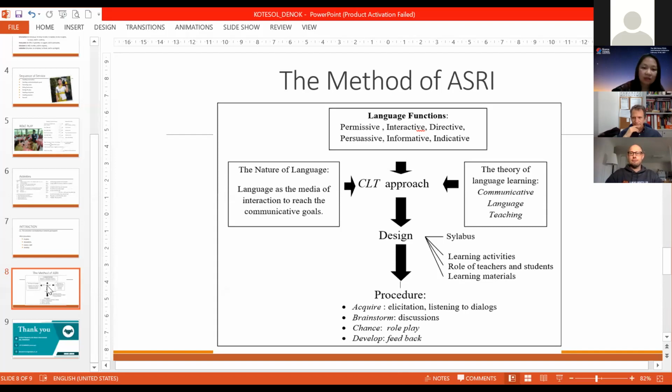Okay, so because English in Indonesia is still a foreign language, it's not our second language, most of my students are still speaking their local languages in classrooms. So I have to put so much effort into making them speak English in the classroom.